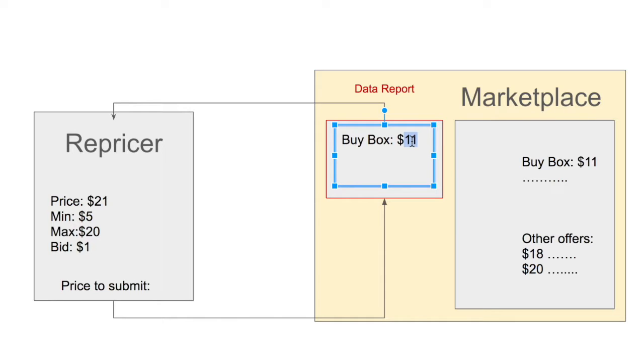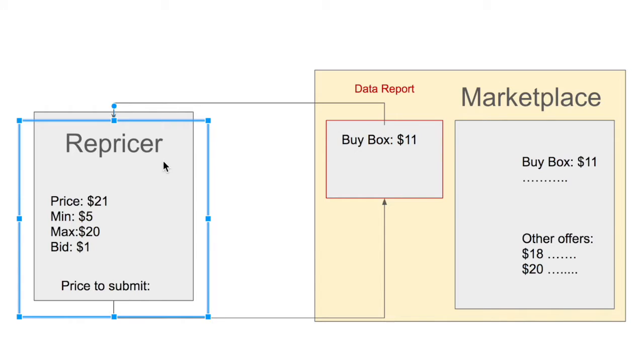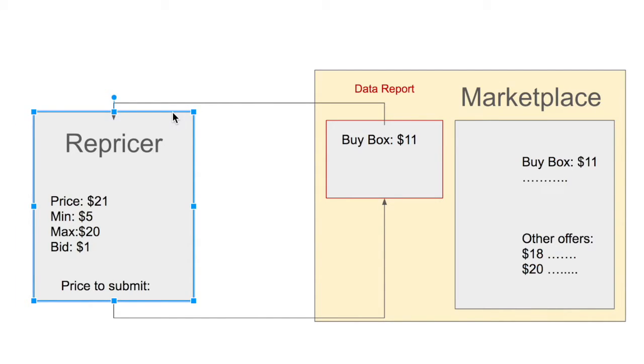This is buy box 11 for this particular product. Now, the Repricer can access this data report anytime they want. So now let's say the Repricer is accessing this information. The Repricer checks what kind of information the data report contains.